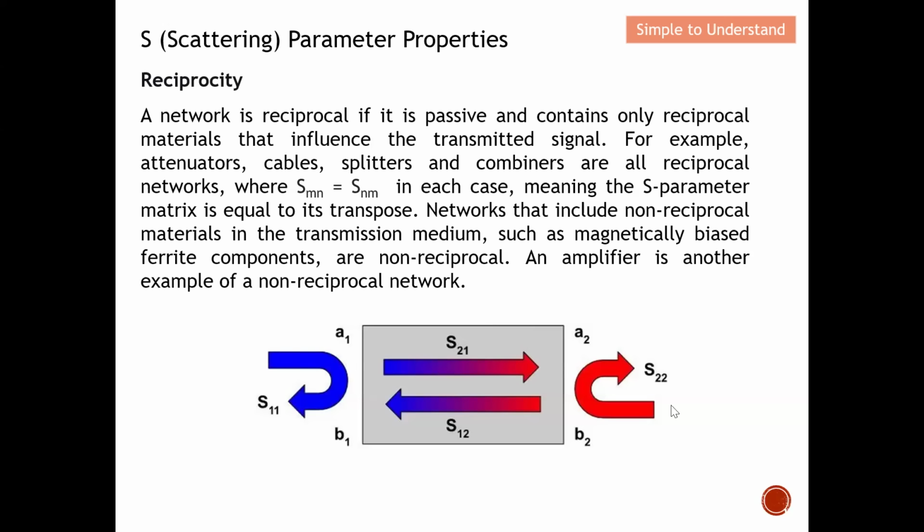If I put my input here, I can't have this kind of effect. So for an amplifier, they will state where the input is and where the output will be. Therefore, you can only send your incident wave over here, and the signal will be amplified at the output. So definitely, an amplifier is another example of a non-reciprocal network.